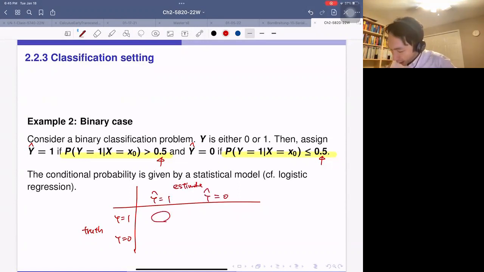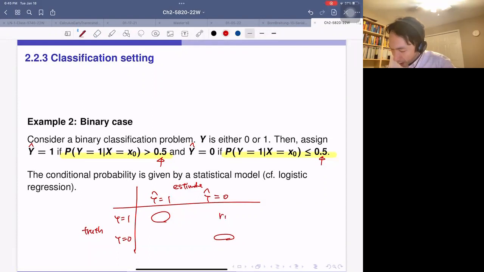Then this is correct, so it's fine. But different errors have different risks. Think about diagnosing a cancer patient. If the truth is malignant, suppose 1 is malignant, but we diagnose as benign and don't give any treatment, then the patient may die. So that has a larger risk.